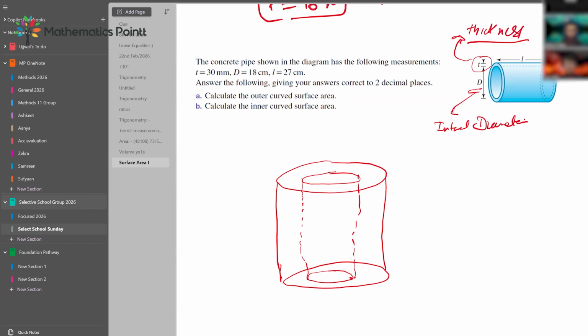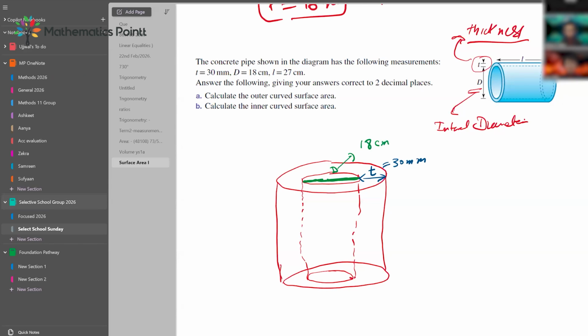You're given this diameter, this is D. And also you are given this thickness, the T. This T is 30 mm, whereas this D is 18 centimeter.